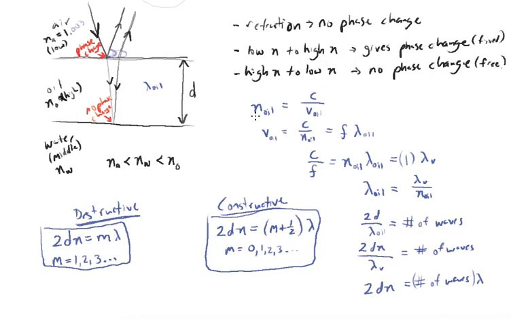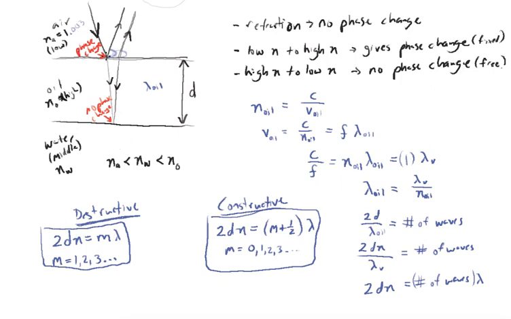Now, I think this is the extent of what you need for this course. But if you are asked about something where something else happens, like say for example, this was air, oil, and then we had something like maybe a sheet of diamond here that had a higher index. So in other words, what if this had the highest index, if it went from low index to mid to high?